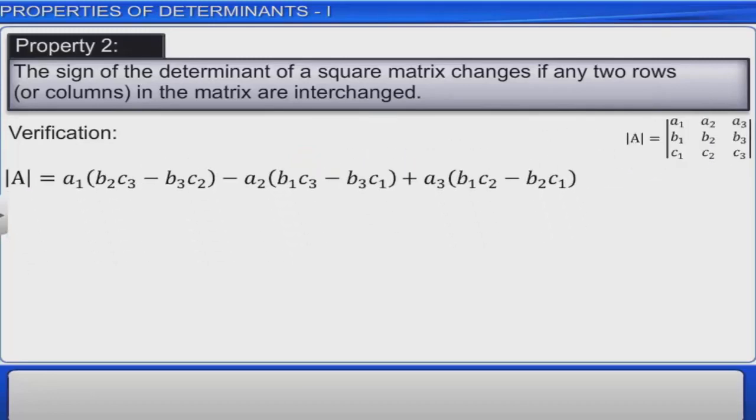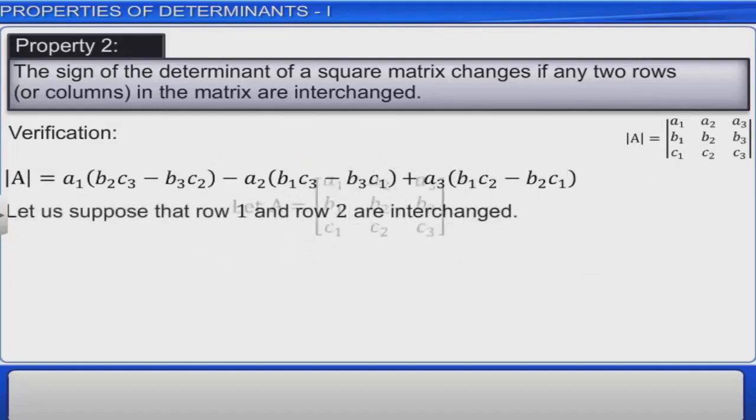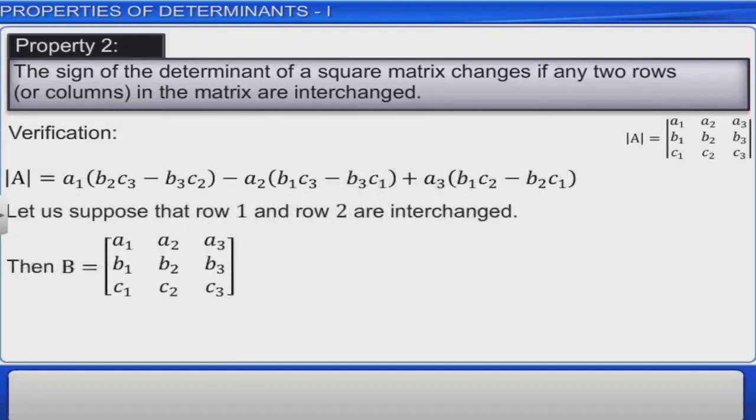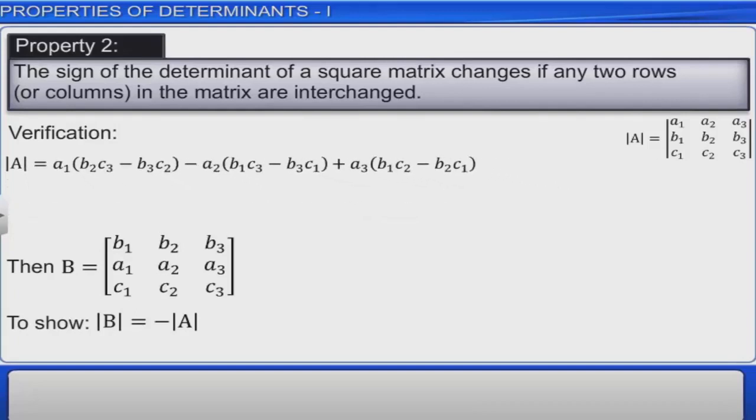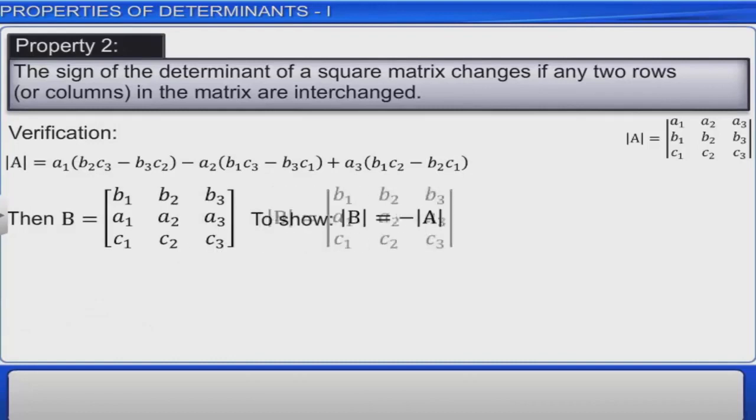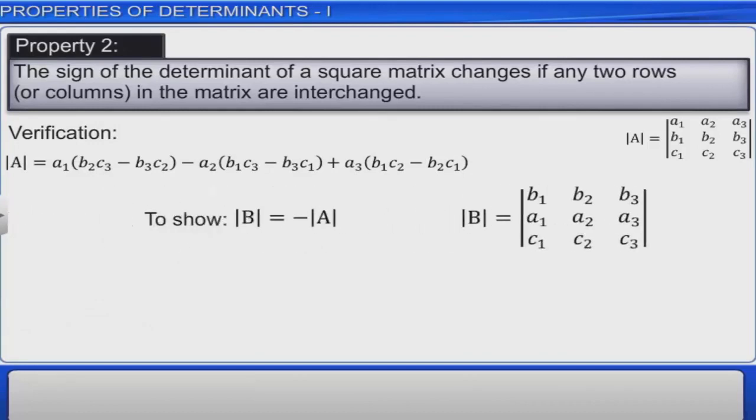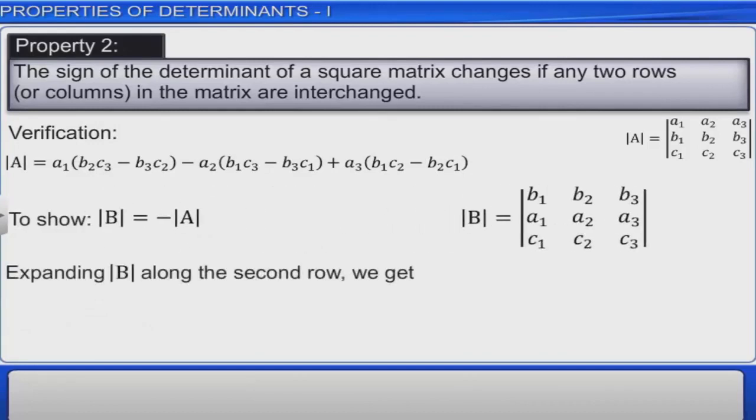Now, let B be the matrix obtained by interchanging the first two rows of matrix A. To verify the property, we have to show that the determinant of matrix B is the negative of the determinant of matrix A. So, let's expand determinant B along the second row.